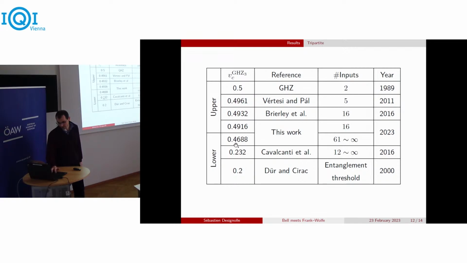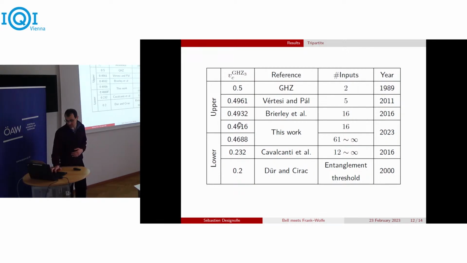I want to emphasize here, I will not go through all the details of the history, but there is a very nice gap here that we fill, and we are far above the separability threshold, which is pretty nice.